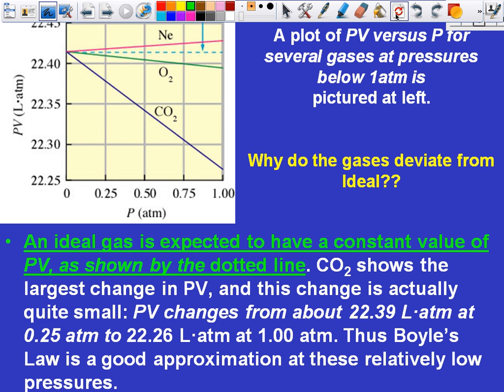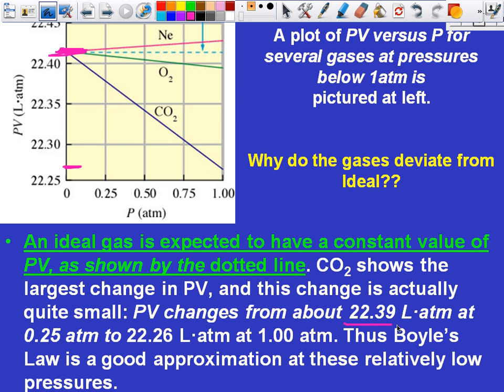But notice something: it's actually quite small, because if you look at your PV value, it goes from about 22.41 down to about 22.26. So it doesn't drop a whole lot, but it still does drop, okay?